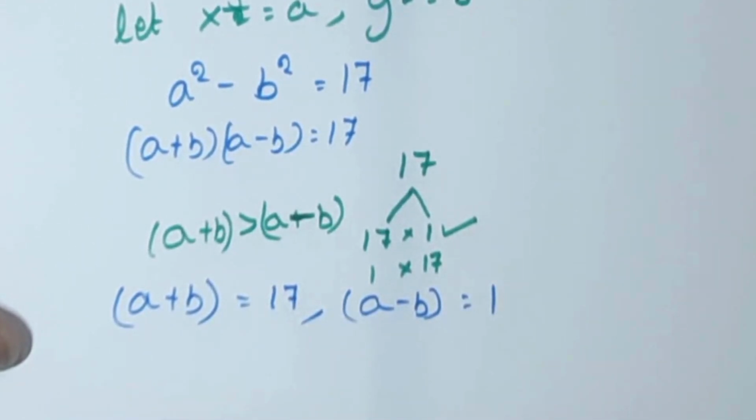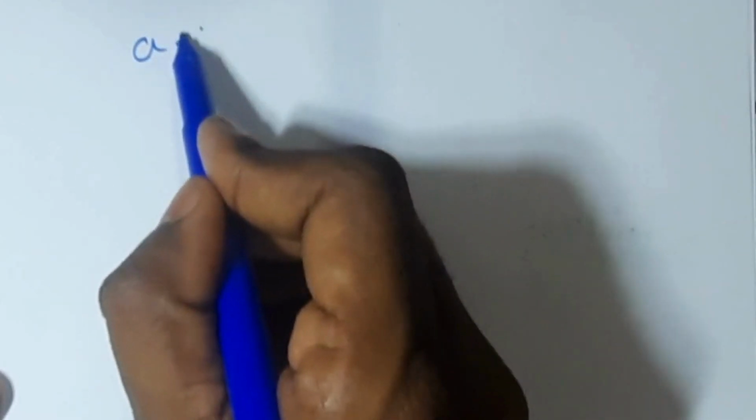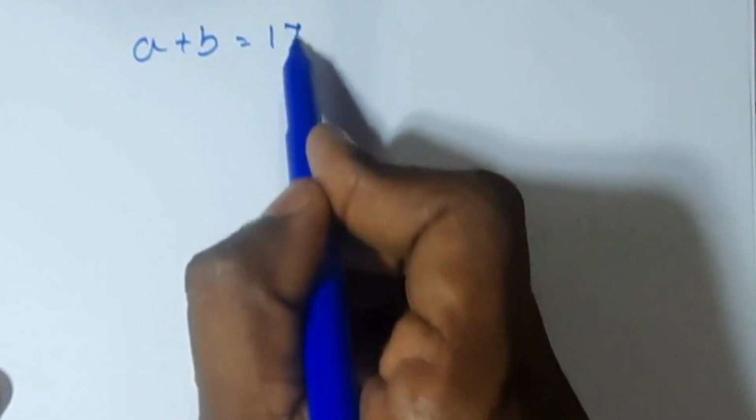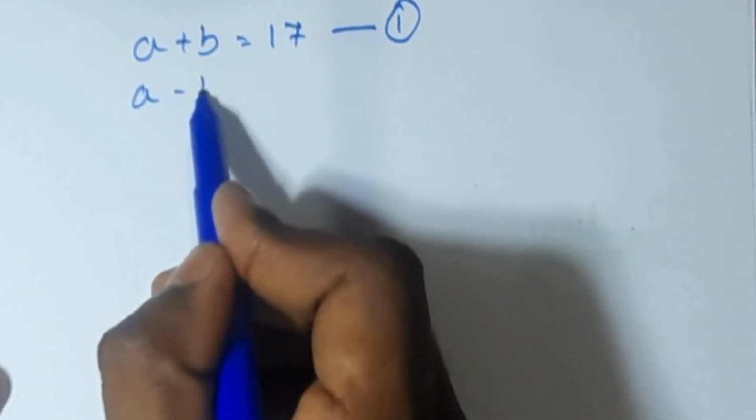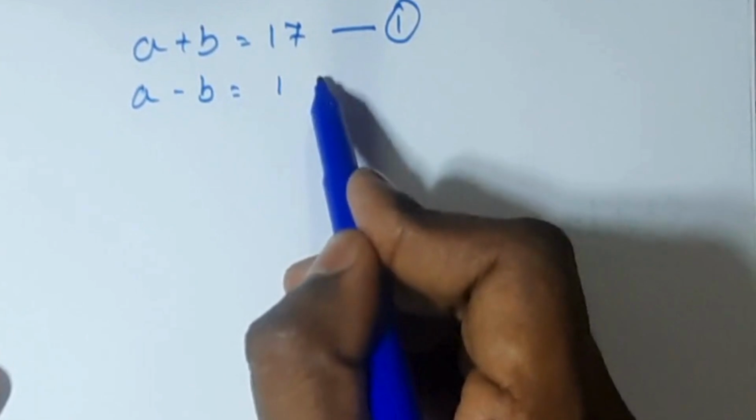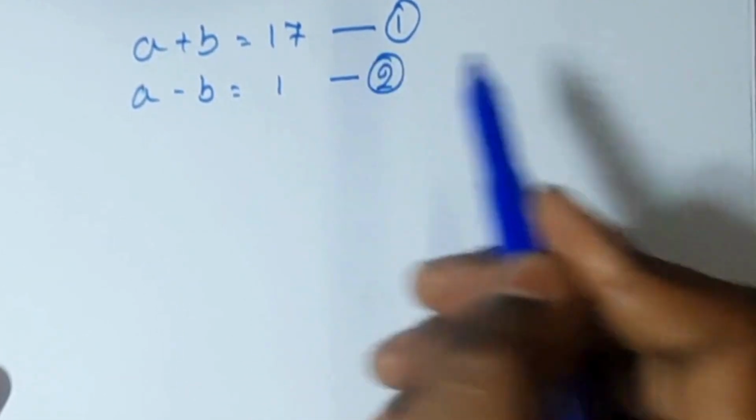We have two equations here: a plus b equal to 17 is one equation, a minus b equal to 1 is the second equation.